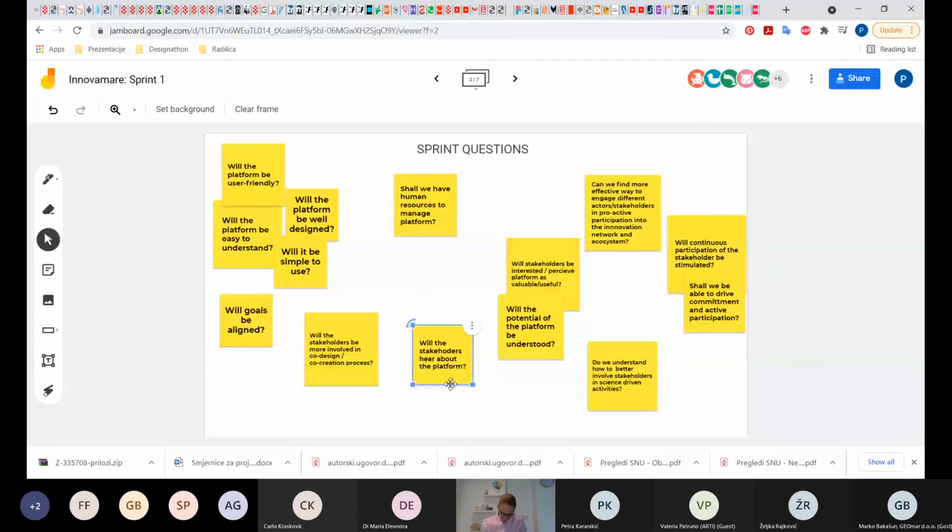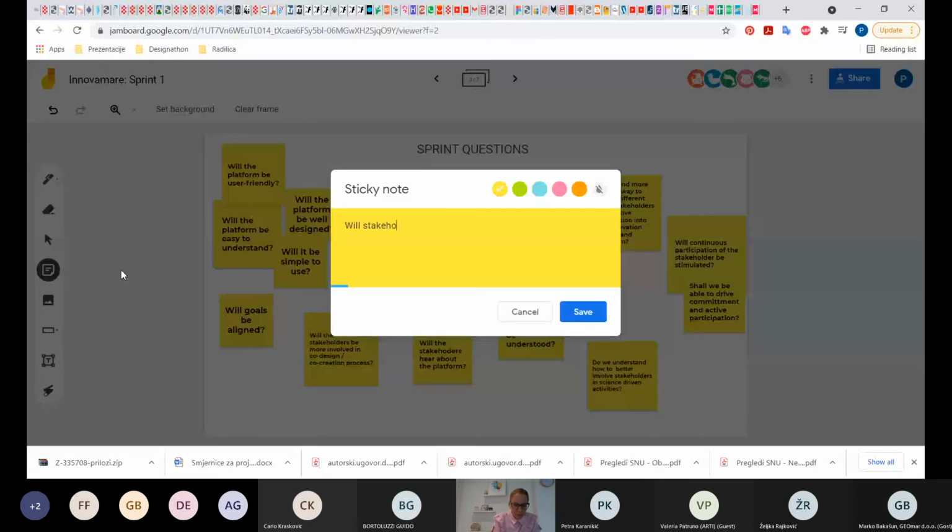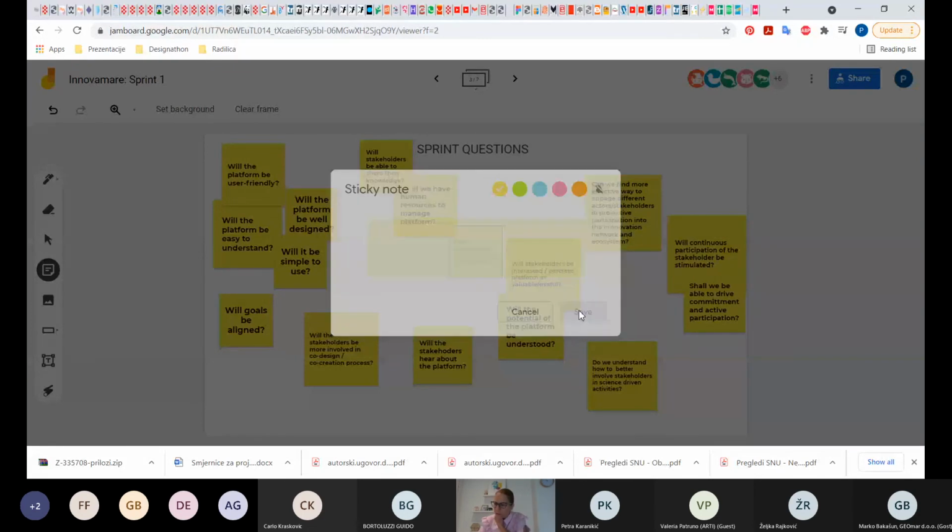Will stakeholders be able to share their knowledge? And also you mentioned, will stakeholders be able to find funding, right? Okay, anything else?